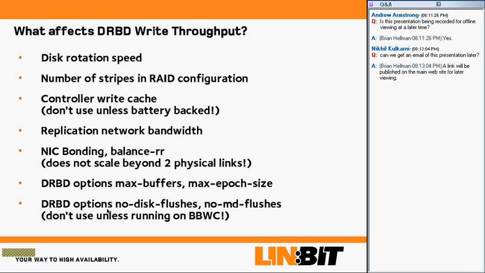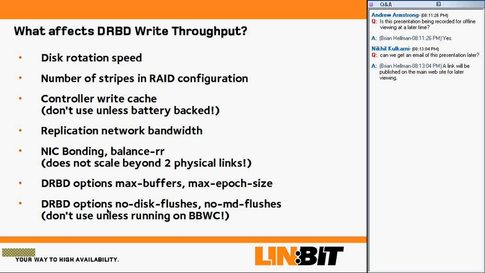Your controller write cache, again, is a great latency minimizer. Again, I want to reiterate and stress, don't ever use a controller write cache in write-back mode unless it is, in fact, battery-backed. And if it allows you to automatically switch back to write-through if the battery dies, do use that option. Replication network latency is another factor.